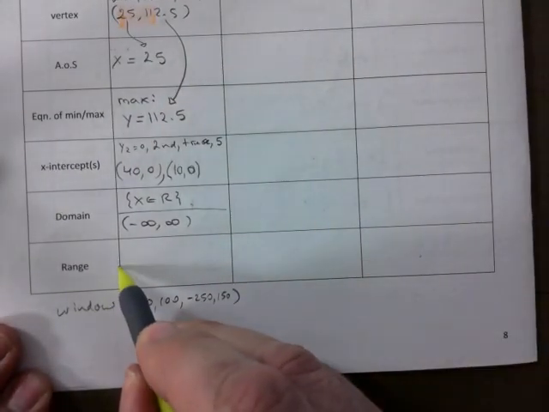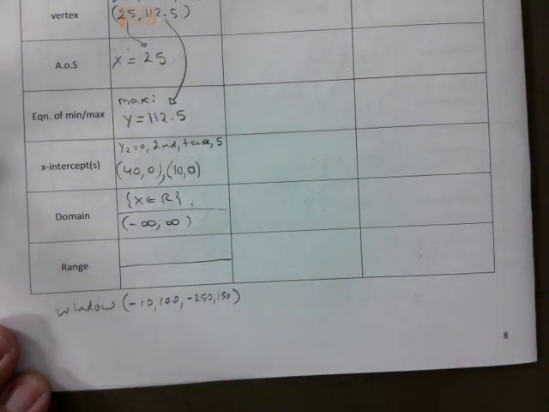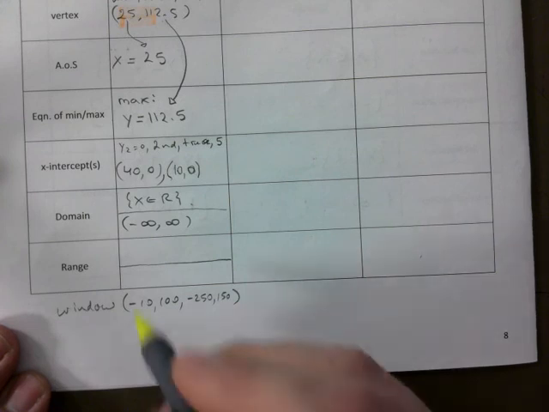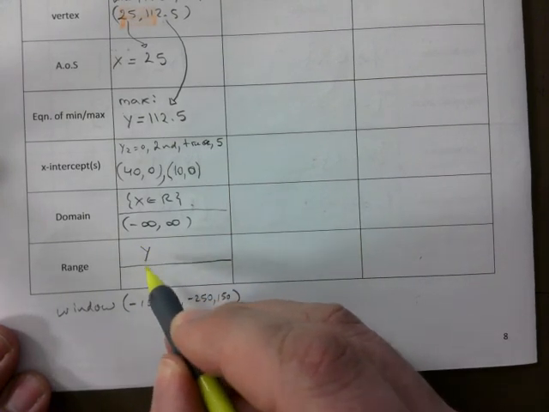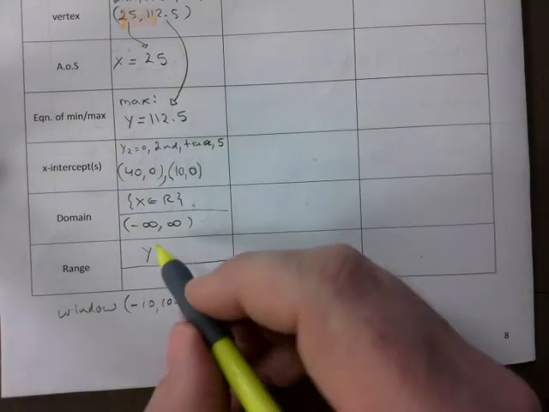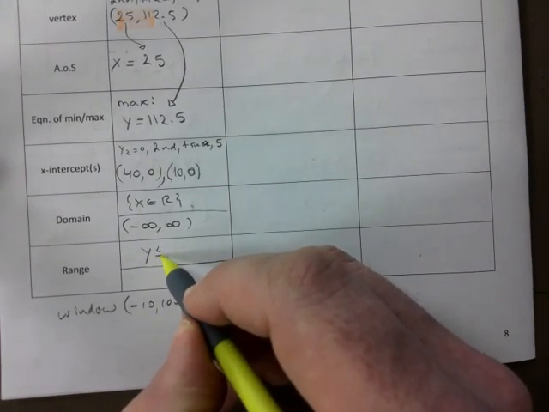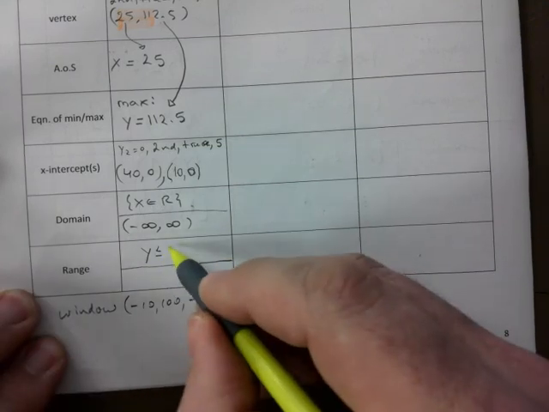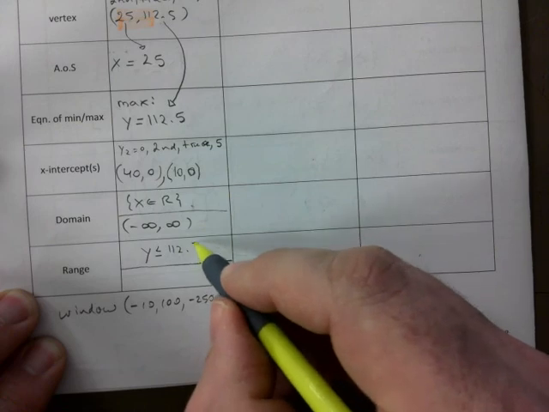And my range, I will do it in two formats as well. Set notation, that's the squiggly bracket one, right? Y is, it's pointing down, so Y would have to be less than or equal to that vertex, the Y value of the vertex, which was 112.5.